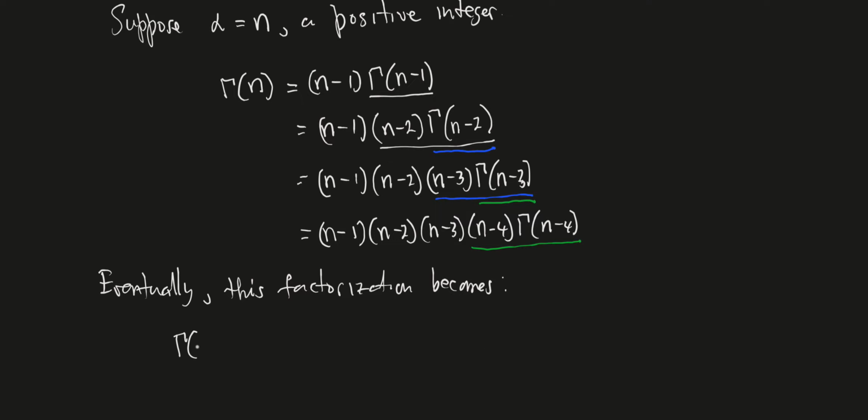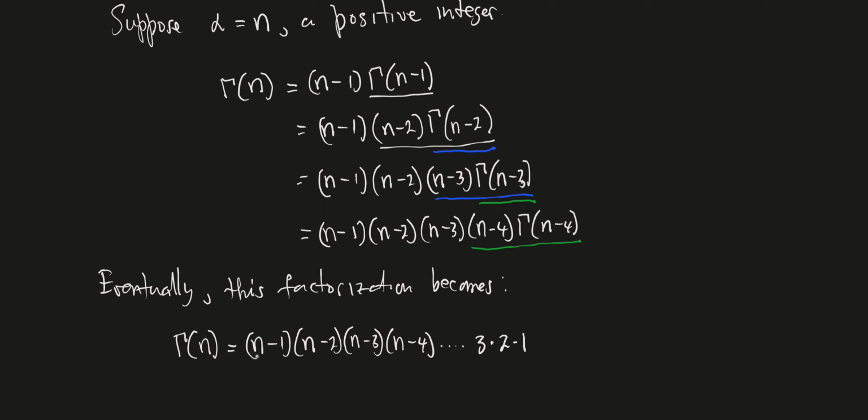So let's write it out in its fullest. The gamma of a positive integer is equal to that integer minus 1 times that integer minus 2 times that integer minus 3 times that integer minus 4, dot dot dot, times 3 times 2 times 1. And what is this product? You've seen this product before. In fact, this is a factorial.